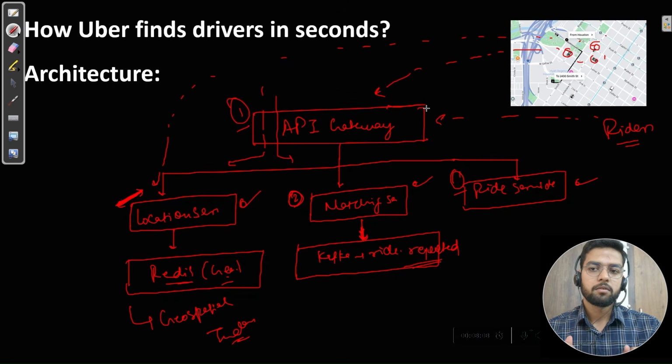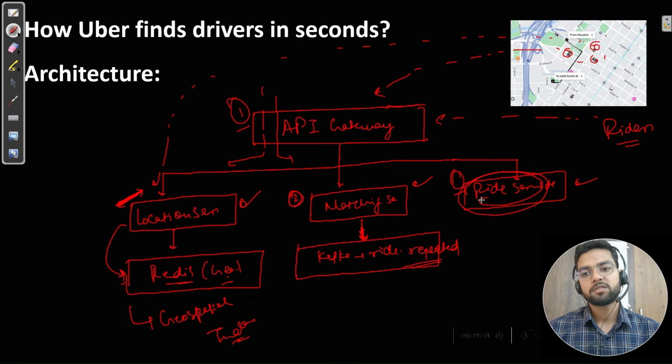The driver opens the phone. The location service starts receiving the driver location details every 3 seconds. Now the rider opens the phone and taps on request ride. The ride service publishes the requested ride event to Kafka. Done.